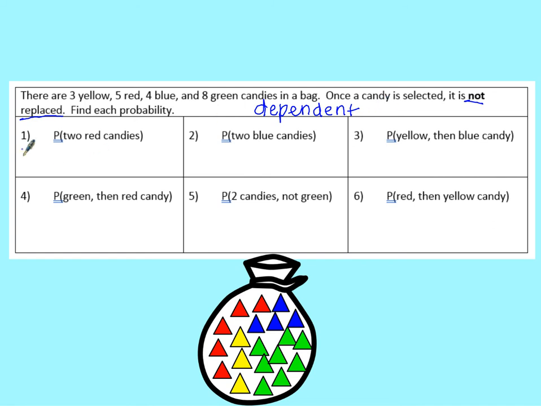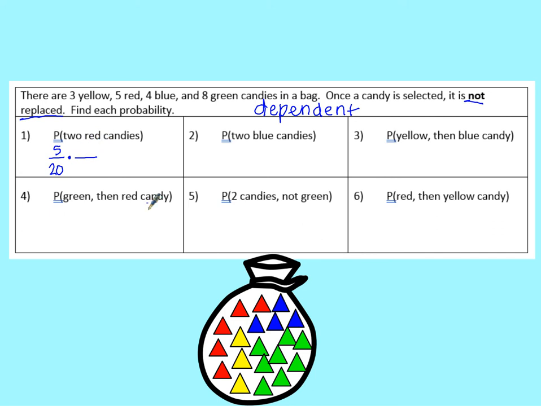So the probability of pulling 2 red candies. Altogether we have 20 different candies in this bag. This time we want to get 2 red candies. To start, there's 5 red out of 20 total pieces, and then we multiply that by our second pull. We want to find red again.